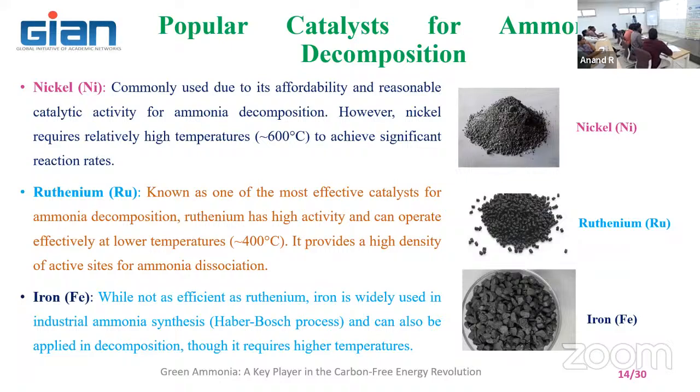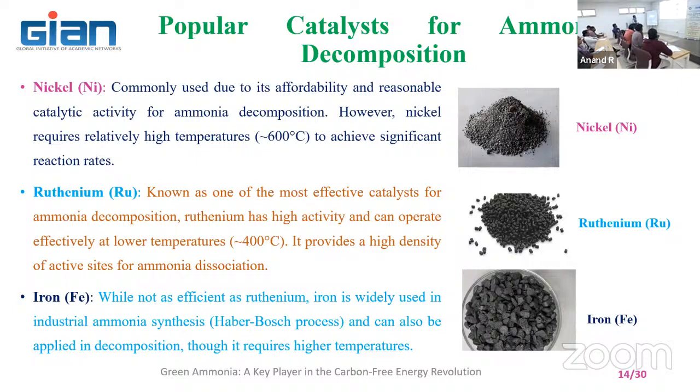Nickel requires about 600 degrees centigrade for adsorption, decomposition, recombination, as well as desorption. Compared to this, when you go for ruthenium, you need a lower temperature: the temperature needed in the reactor is 400 degrees for adsorption, decomposition, recombination, and then desorption.